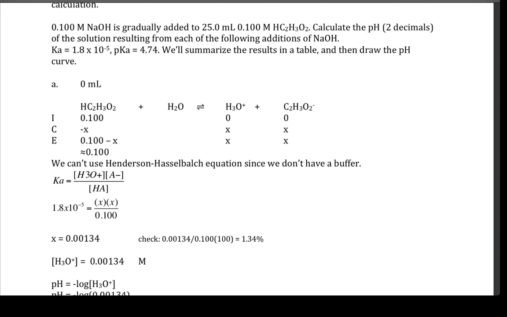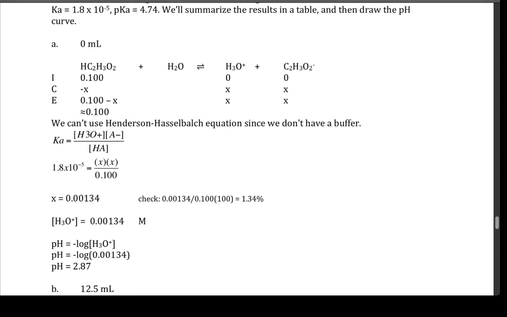We don't have a buffer. So we have to run through the calculation the old-fashioned way, and we find that the H3O plus concentration is 0.00134 molar. We take the negative log of that and we get the pH of our initial solution in the flask to be 2.87.